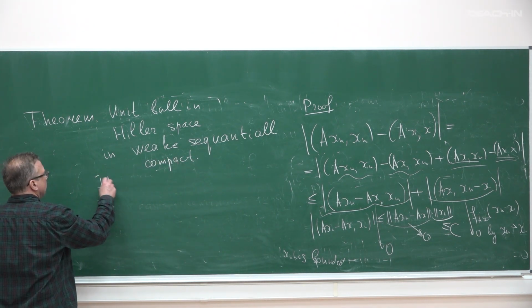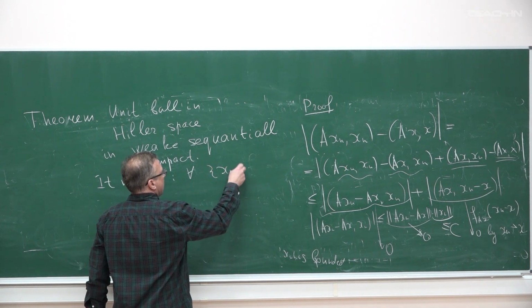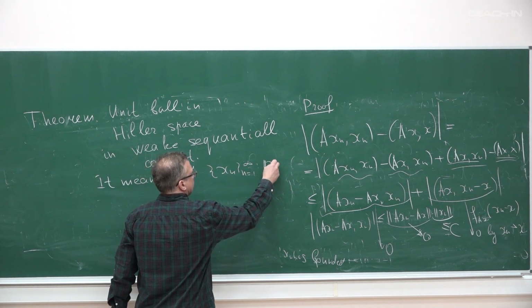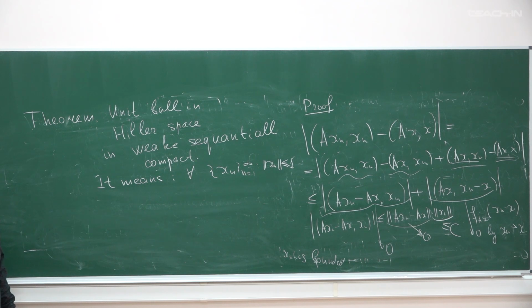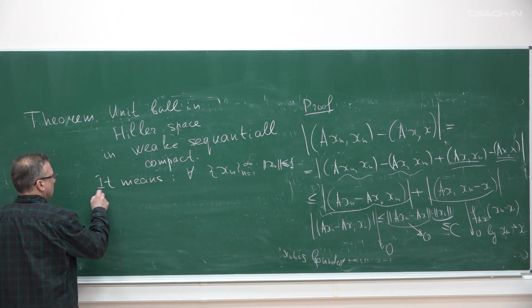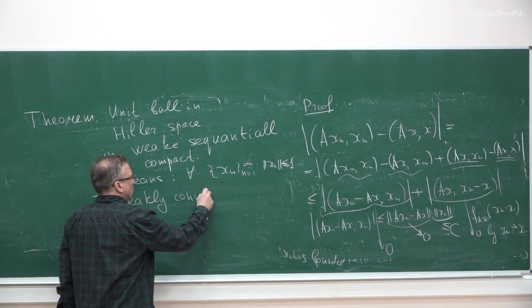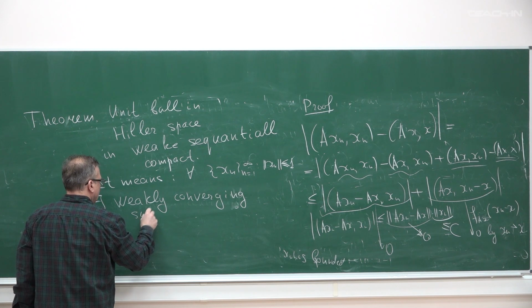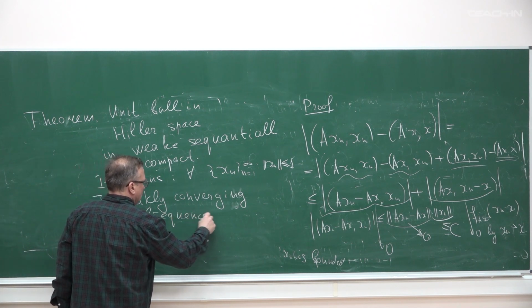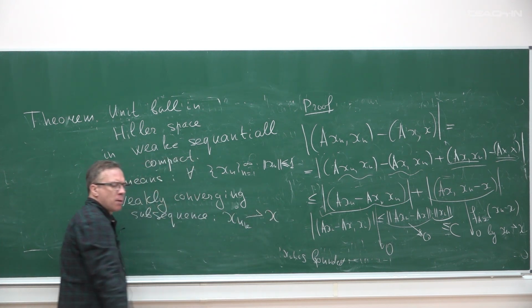It means the following. For any sequence xn which lies in the ball, you can choose a weakly converging subsequence which converges to some element x.